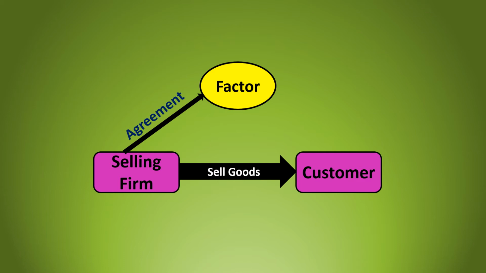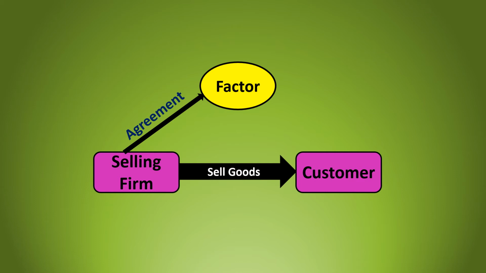And the sales documents also contain instructions to make payments directly to the factor, who is assigned the job of collection of receivables. So, when the selling firm sells goods to the customer, the customer is instructed to make the payment to the factor firm instead of making the payment to the selling firm.